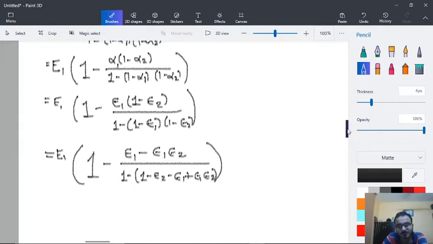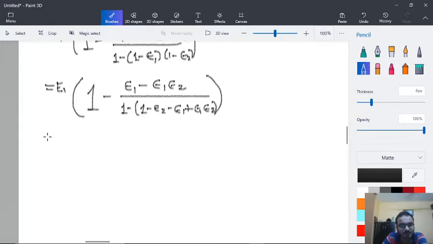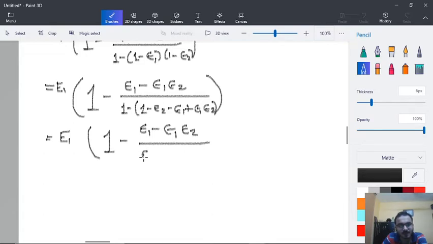So here is equal to E1 into 1 minus epsilon 1 minus epsilon 1 epsilon 2 divided by epsilon 1 plus epsilon 2 minus epsilon 1 epsilon 2.